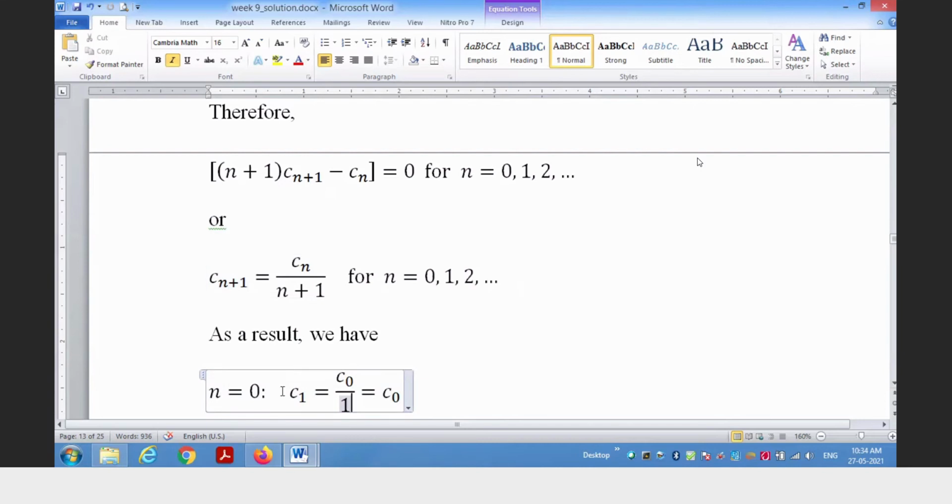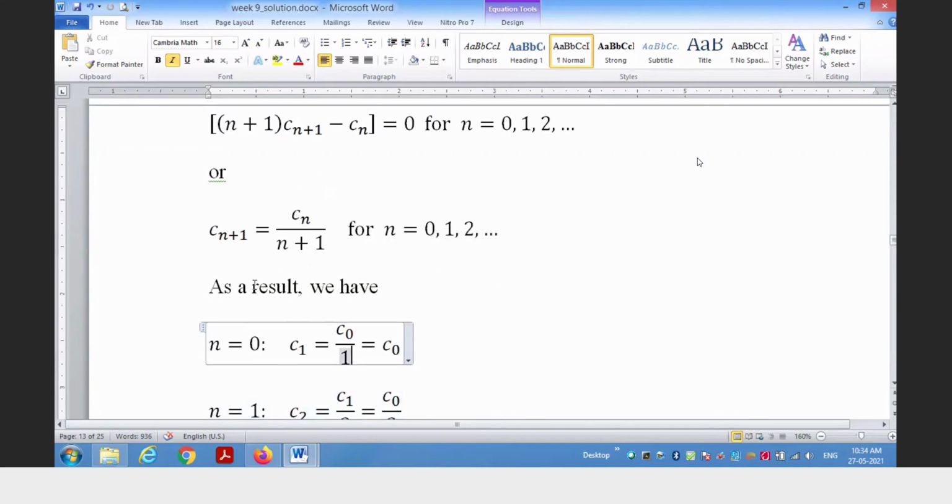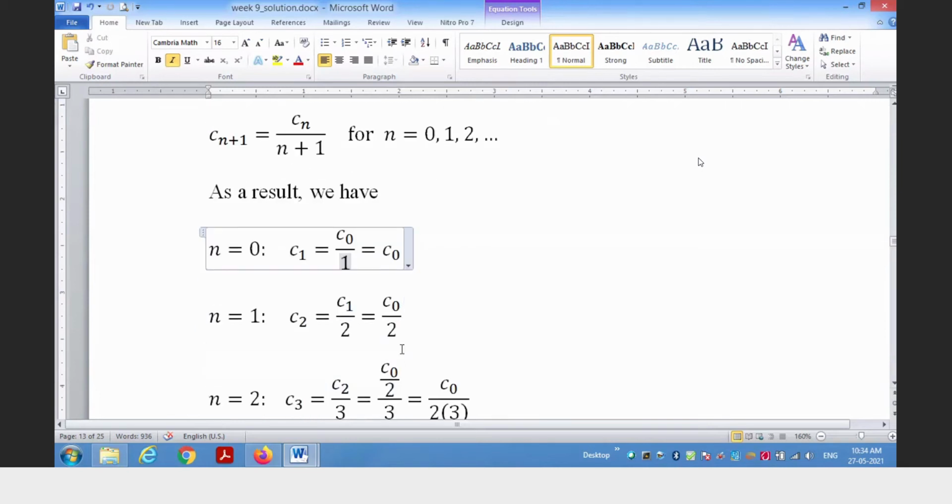You replace n equal to 0 into here, so c1 equals c0 over 0 plus 1, which is c0 over 1, equal to c0. So c1 equals c0. We need to replace n with 1 and several values so that we can see the pattern.